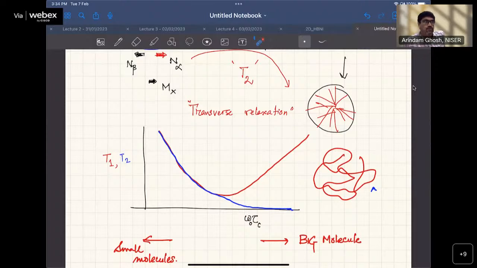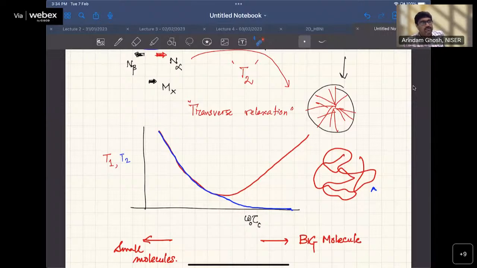For example, you go from say CDCl3 to benzene. I'm not a chemist, a chemist might tell better. I know the physics part, but if the viscosity is changing too much, then T1, T2 will be changing.